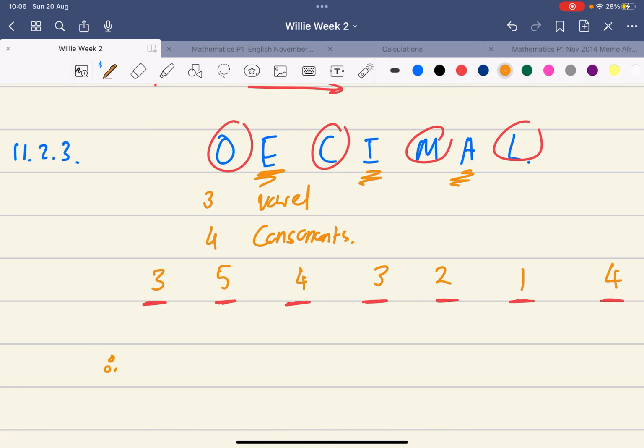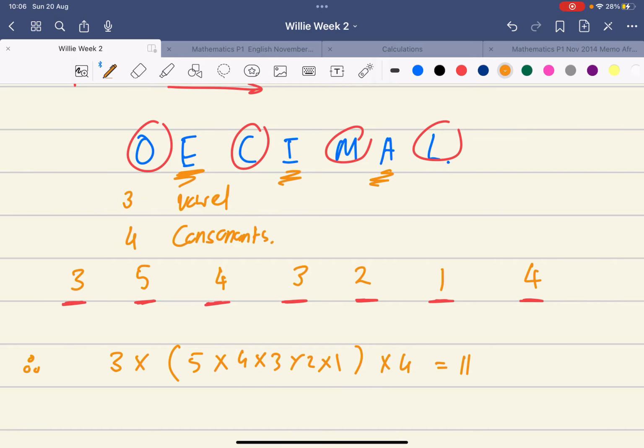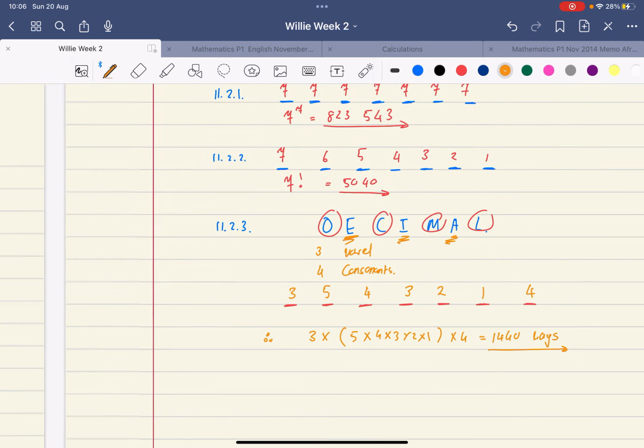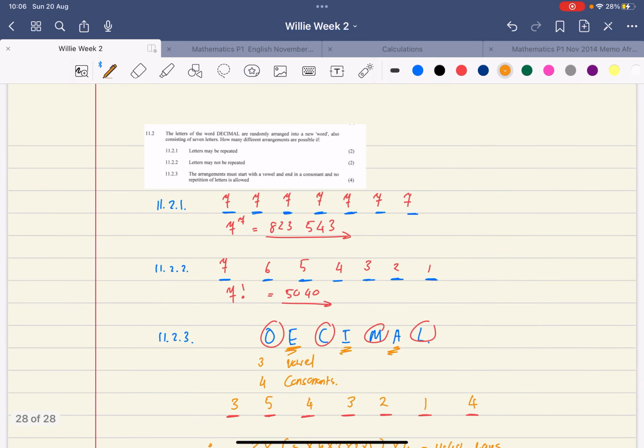So therefore, we have 3 times 5 times 4 times 3 times 2 times 1 times 4, which is equal to 1,440 ways. And that is question 11.2.